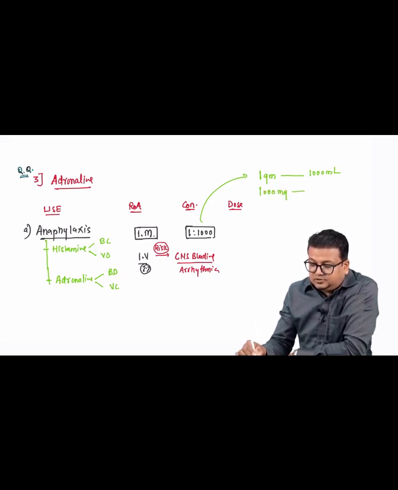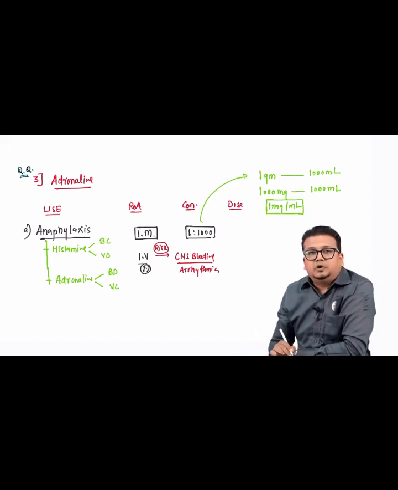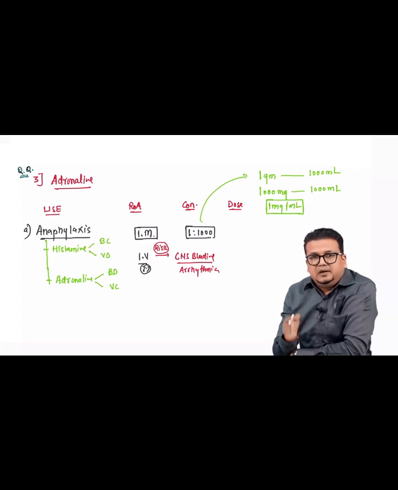So it is actually 1000 milligram dissolved in 1000 ml. So 1000 cancel. So this is actually 1 milligram per ml. That is the meaning of 1:1000. 1:1000 means 1 gram dissolved in 1000 ml. So that comes out to be 1 milligram per ml. So now this is also clear, concentration.